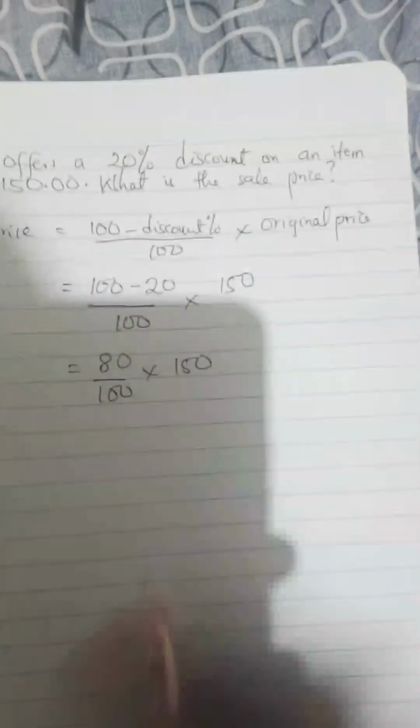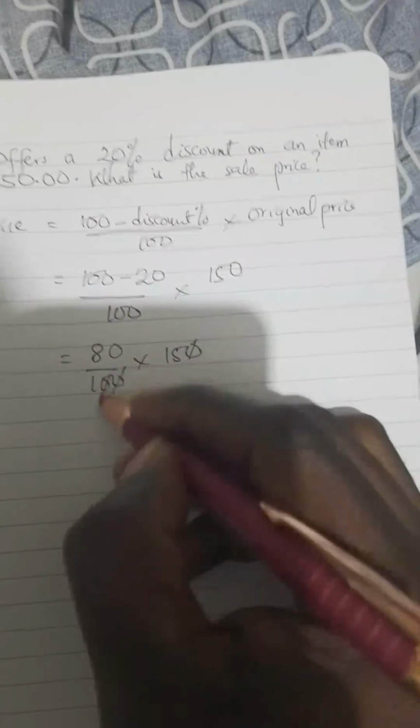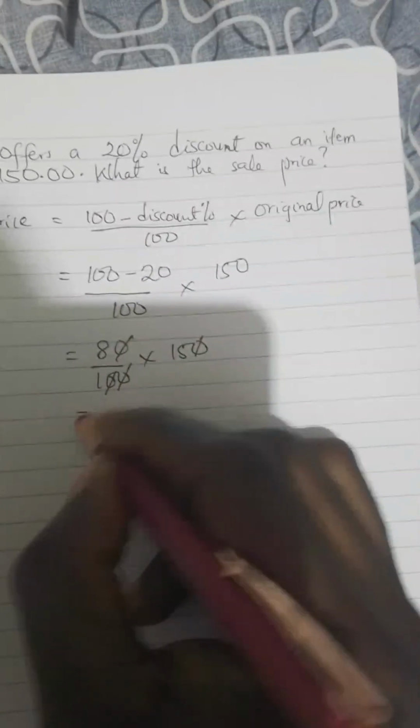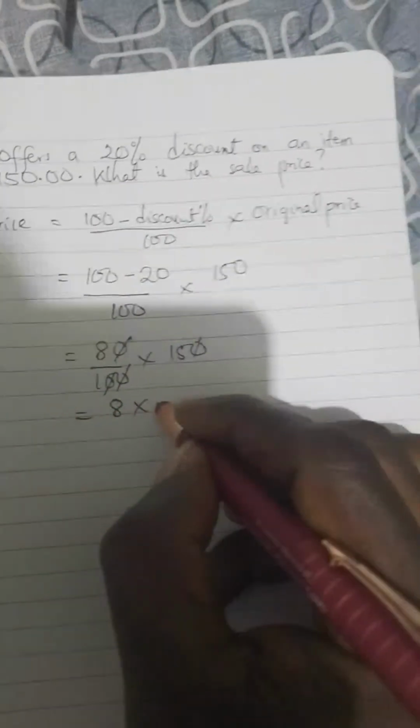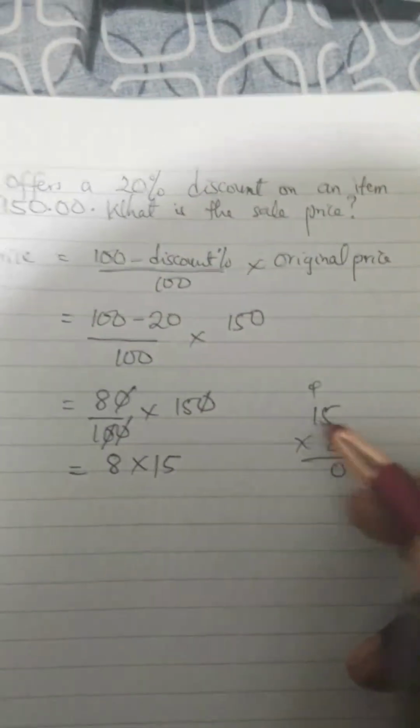Right, so here you have 0 cancel 0, then we have 0 cancel 0 here. So 8 by 15, so 15 times 8 is 120.